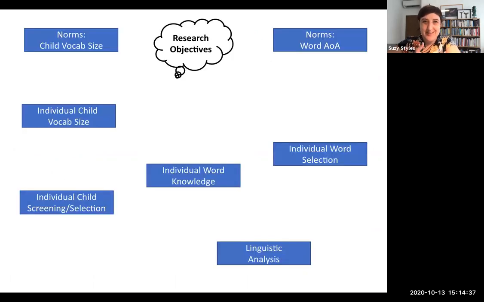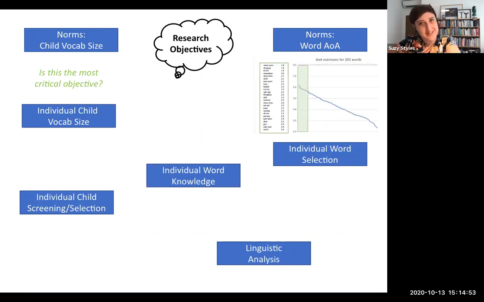So if we go back to those research objectives that the CDI helps us to achieve, norms for child vocabulary size, norms for individual lexical items, maybe if we downrate the total vocabulary size agenda, we can get on with answering these questions using different methods.